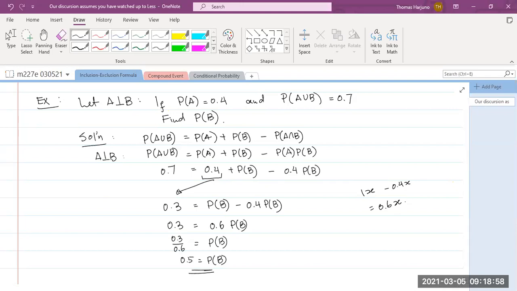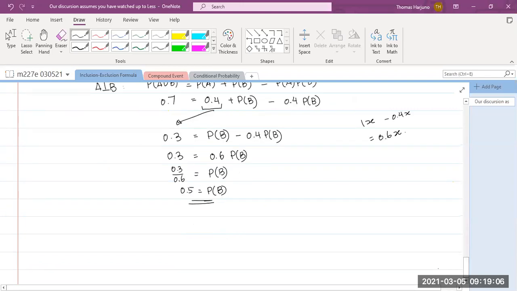Okay, now that's for the inclusion exclusion formula and all the possible modifications. Let me summarize that here. Summary. Inclusion exclusion formula.